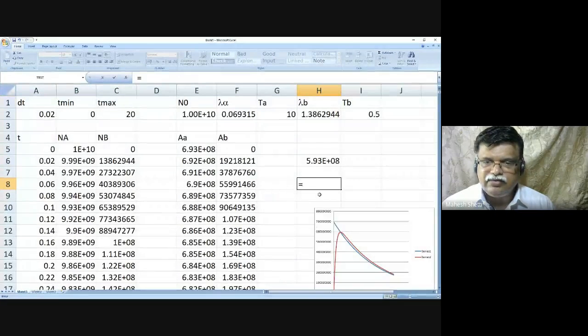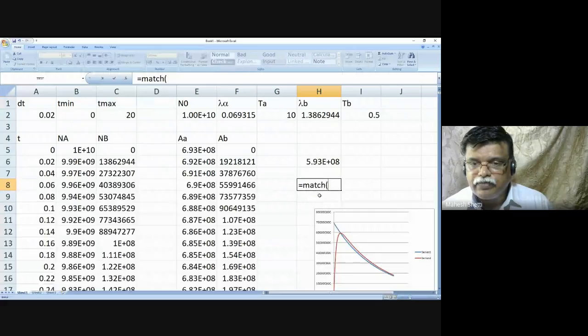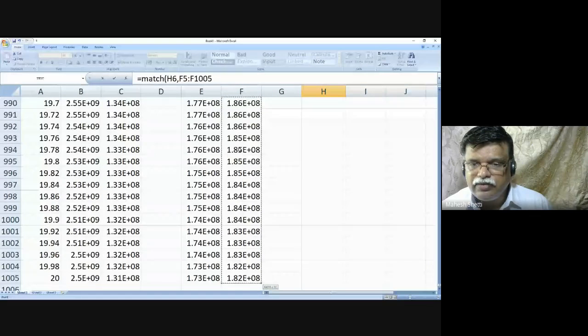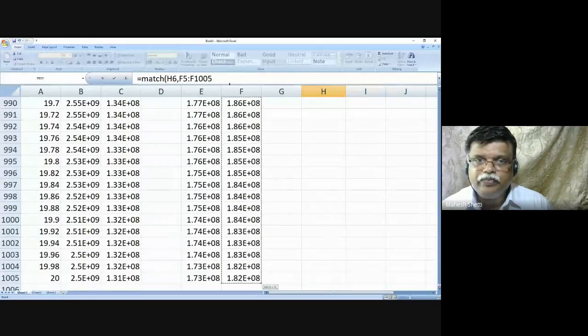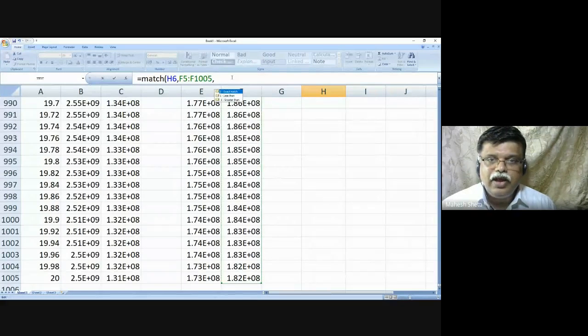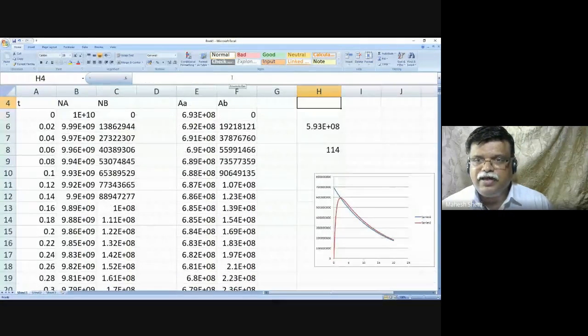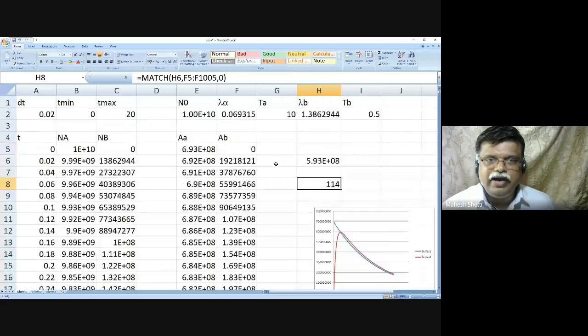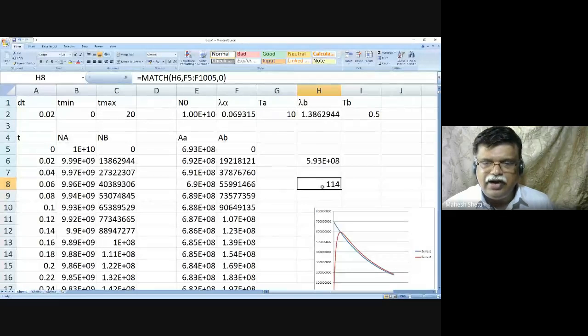Whether it is a match for this value in this array, with exact match. Yes, see, at the 114th step I am getting this.